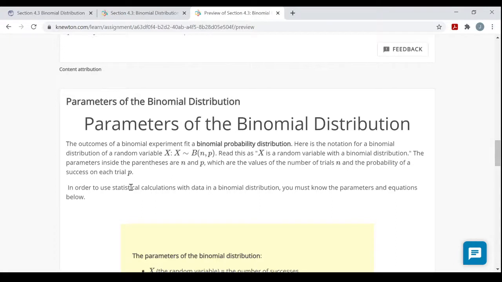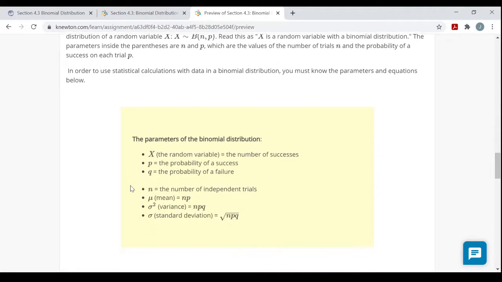All right. Now, some more things about binomial distributions. So the parameters of a binomial distribution. If a random variable is binomial, then the values that the random variable can take on are the number of successes, right?